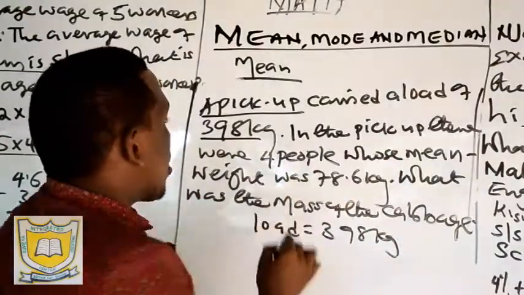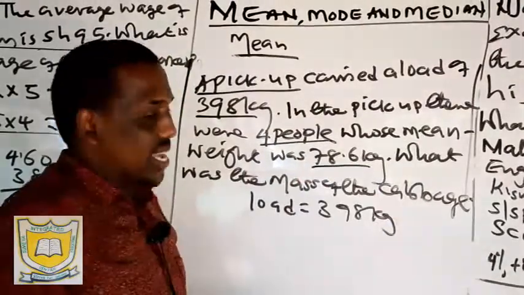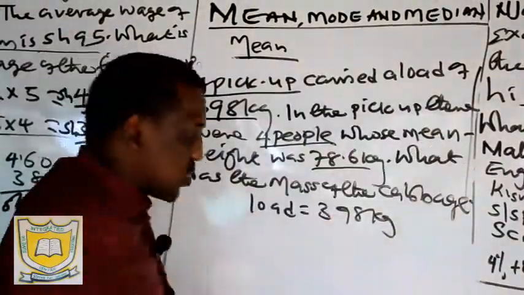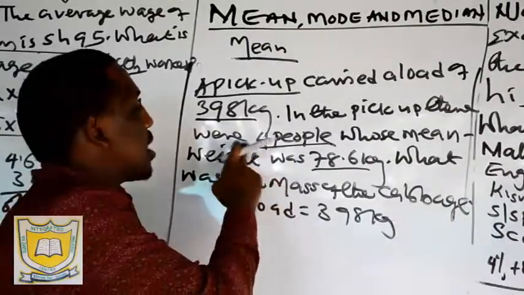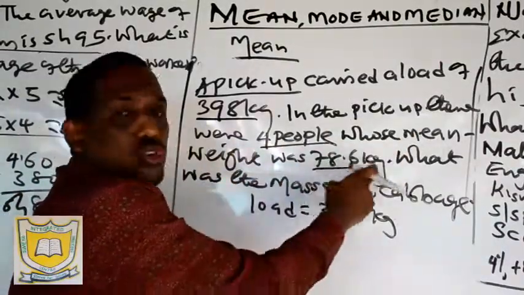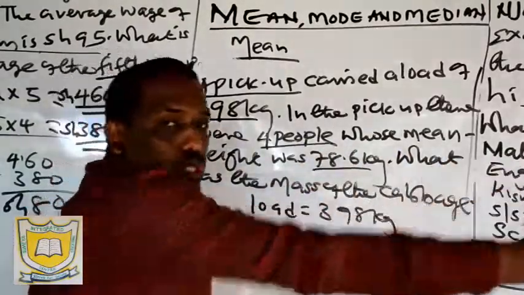In the pickup there were 4 people whose mean weight was this. Whenever you are told the mean, you multiply. I already explained that.